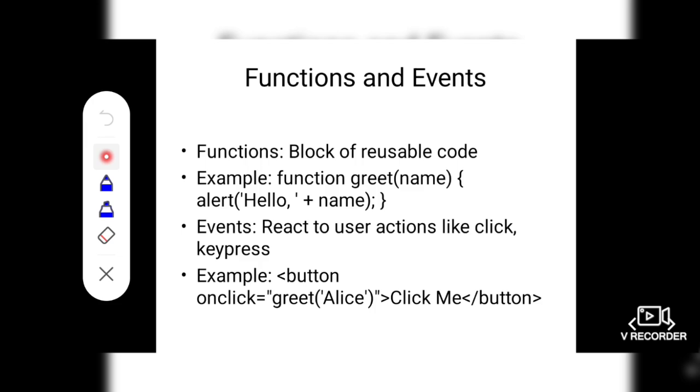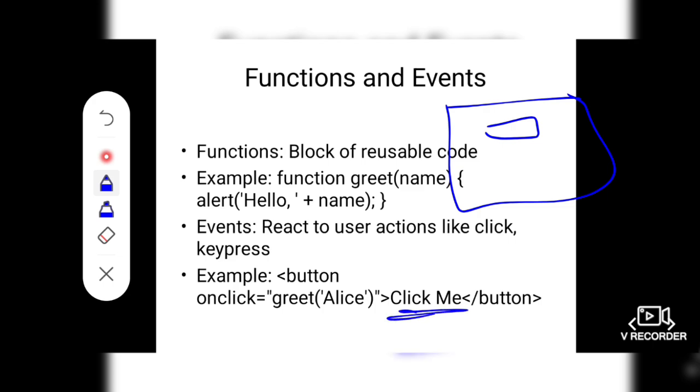Like adding events in JS, you have a function, onclick equals to greet Alice, click me button. On a web page you'll get a button called click me. This is the button name, click me.